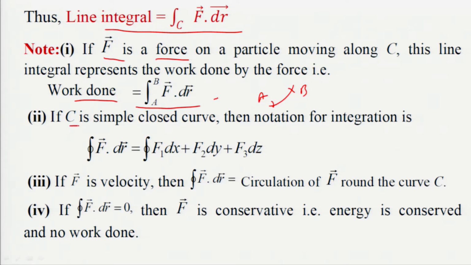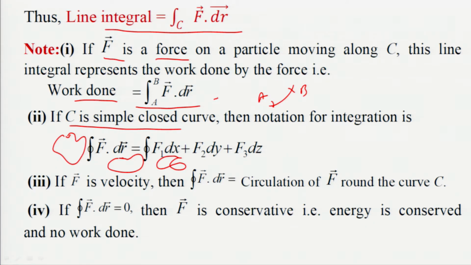Next, if C is a simple closed curve, what is a simple closed curve? It means the curve does not intersect itself. Like this is a simple closed curve, this is a simple closed curve, and this is a closed curve, but this is not a simple closed curve because this curve intersects itself.